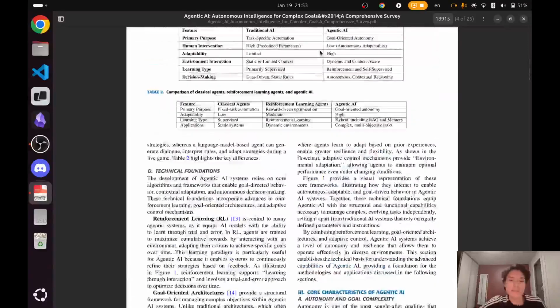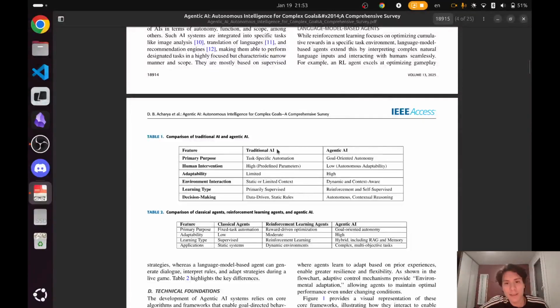So we have basically traditional AI, and in agentic AI there are some added features that make it agentic. In essence, it's mostly the capacity of an AI to have tool integrations, but this has many implications.